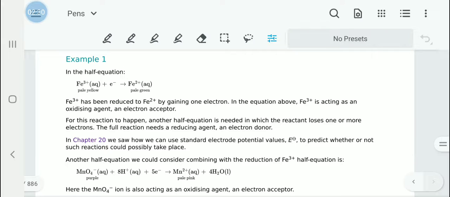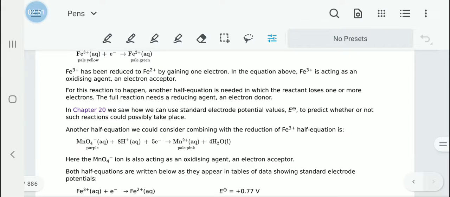Now if you take the half equation, Fe3+ turning into Fe2+ by gaining an electron, that is a reduction. Fe3+ has reduced to Fe2+ by gaining one electron. So Fe3+ is going to be the oxidizing agent, that means an electron acceptor. For this reaction to happen, there should be another half equation giving off that electron that is needed.